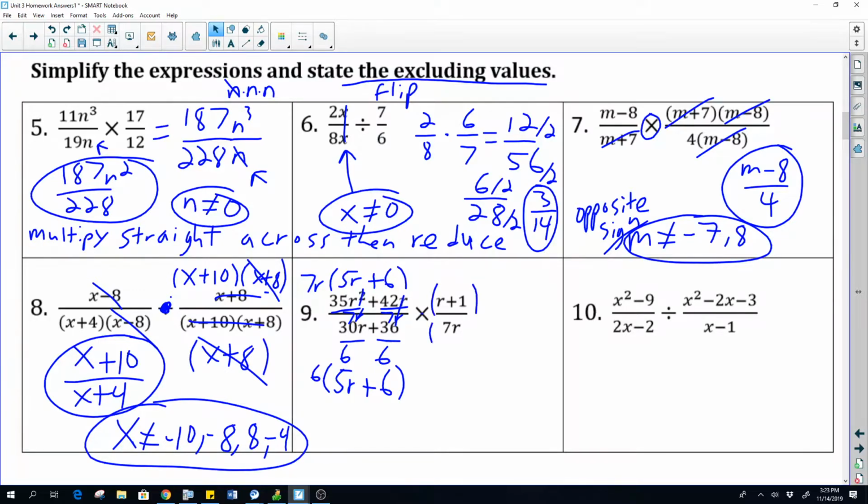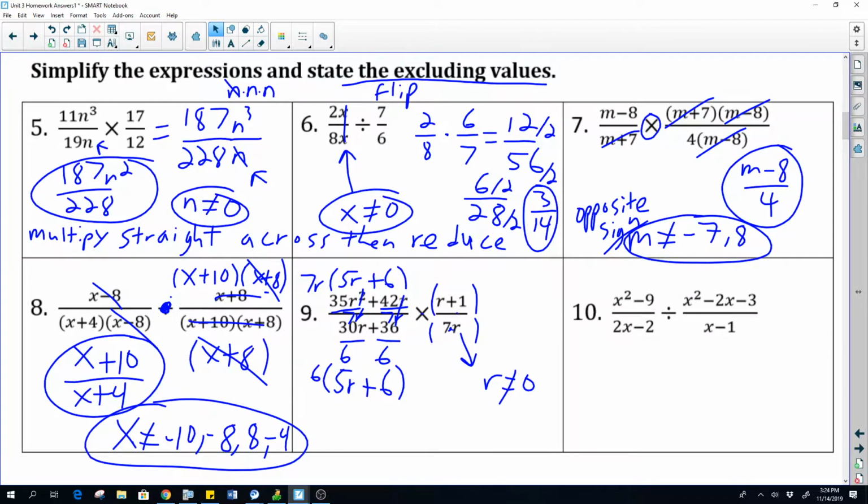Before we start canceling stuff out, we want to list our exclusions. Because of multiplication here, 7 times R, if R equals 0, then we're in trouble. R can't equal 0 because 0 times 7 is 0, and we can't have 0 on the bottom. We don't have to worry about the R plus 1 because this is multiplication, not division. But 5R plus 6 is an exclusion.